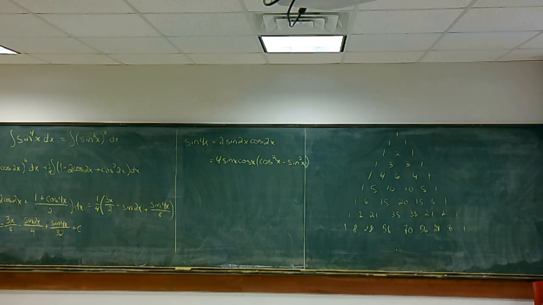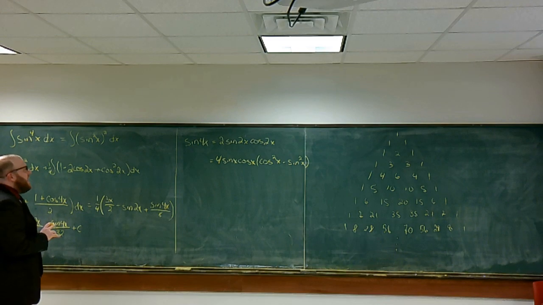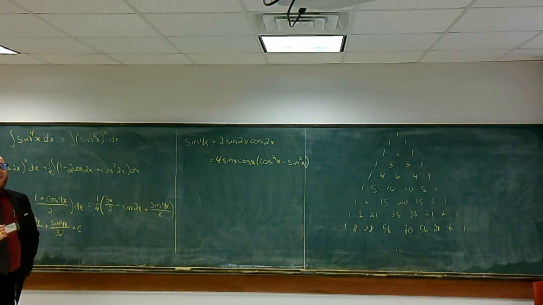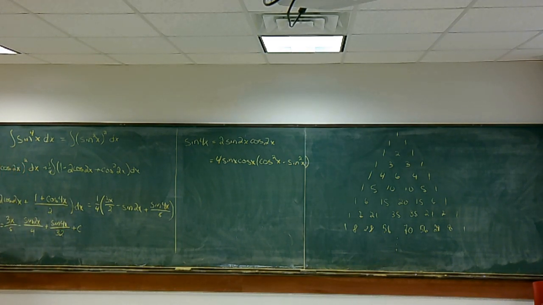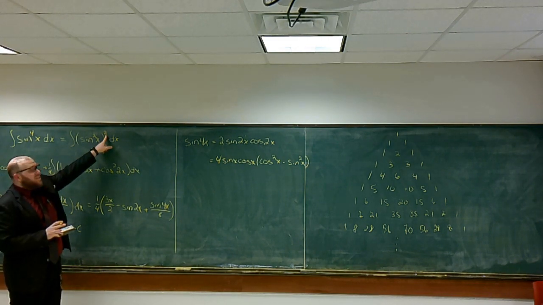So if you get something like, actually it's going to be our next one, right? Sine squared, cosine squared, you're going to kind of see what we're going to have to do. If this was sine to the 6x, you follow the exact same procedure, except this becomes cubed now.